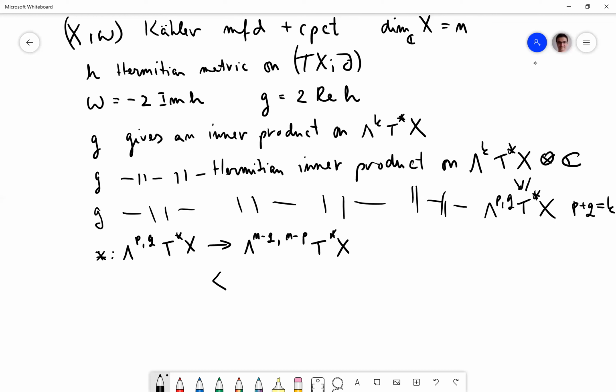The rule for the star operator is that the inner product of u and v, times dV_g, where dV_g is the Riemannian volume, is the same as u wedge star v, for all u, v (p,q)-forms.